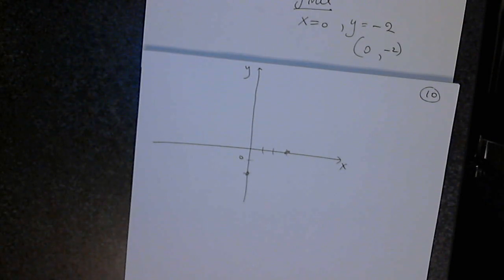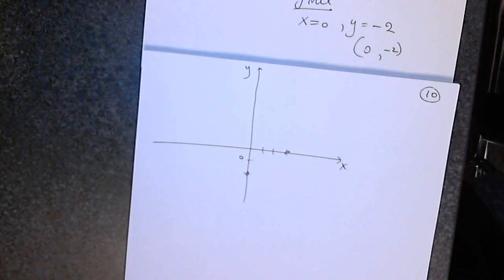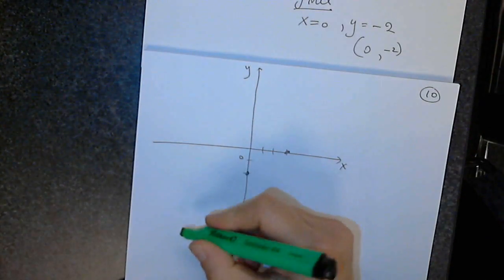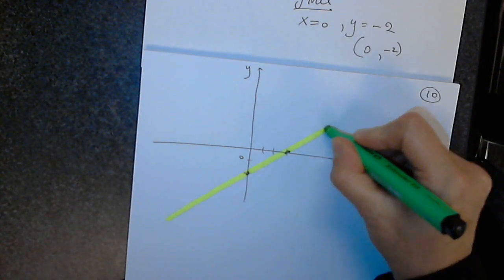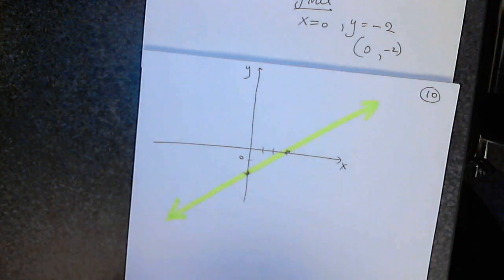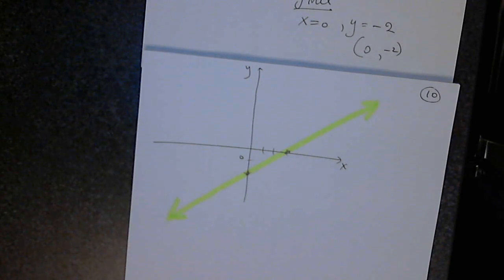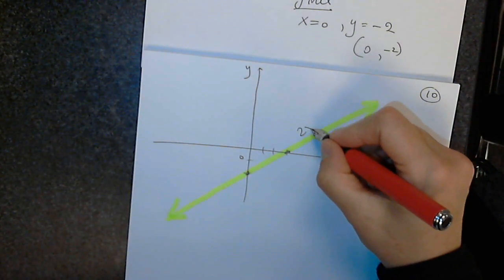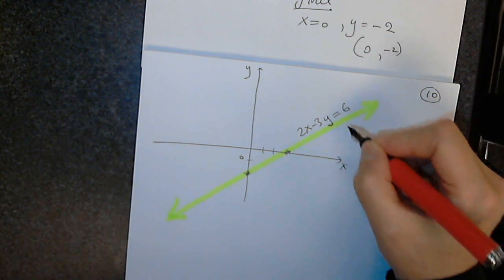All I have to do now is connect the 2 points and extend the line. I have to write the name of the graph. And the name is 2x minus 3y equals 6.